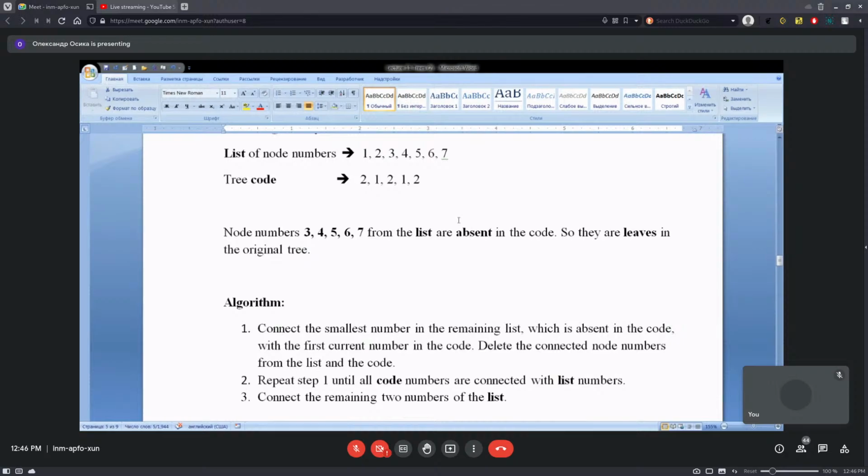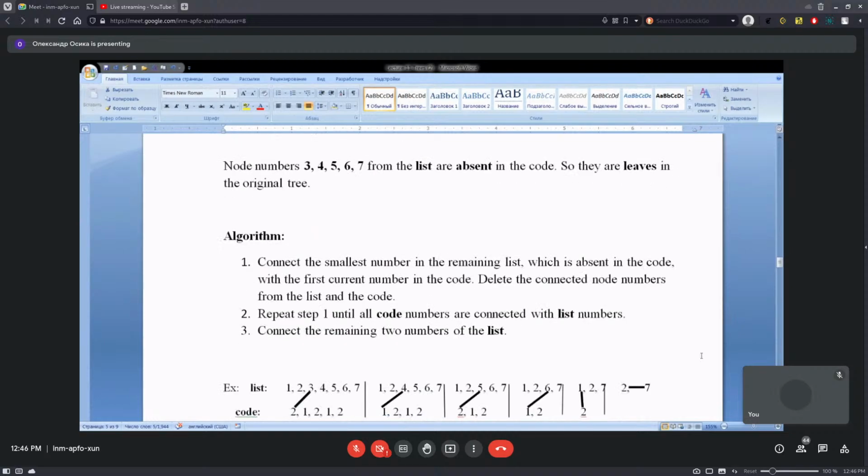Step 1: connect the smallest number remaining in the list of vertices which is absent in the code. 1 is present, 2 is present, but 3 is absent in the code. Delete the connected 3 and 2 from the list. After that, repeat step 1 until all code numbers are connected with list numbers.